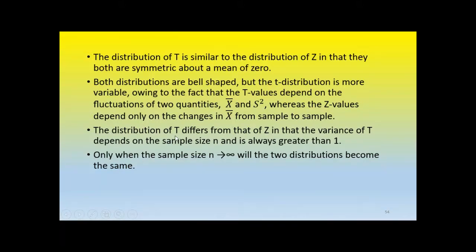The distribution of T differs from that of Z in that the variance of T depends on the sample size n and is always greater than 1.